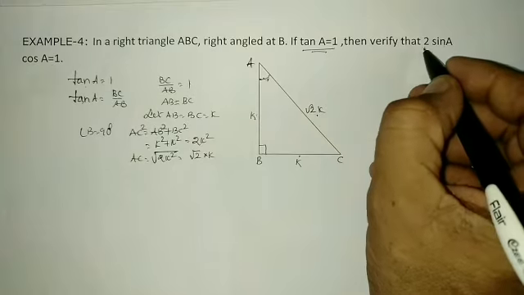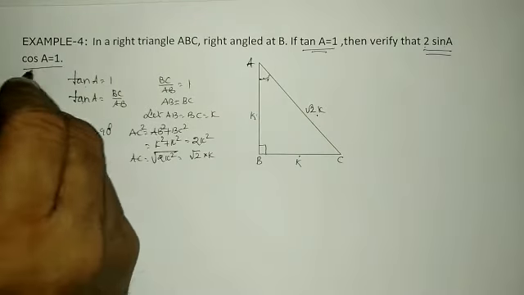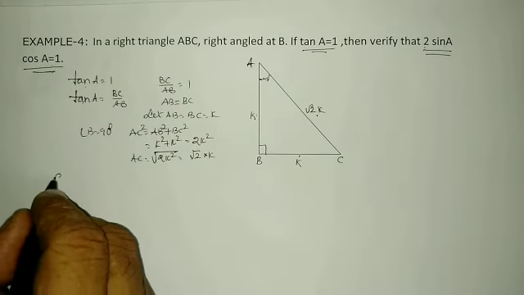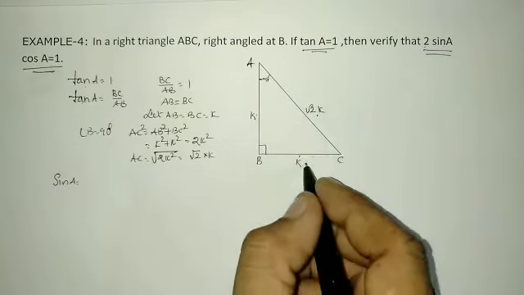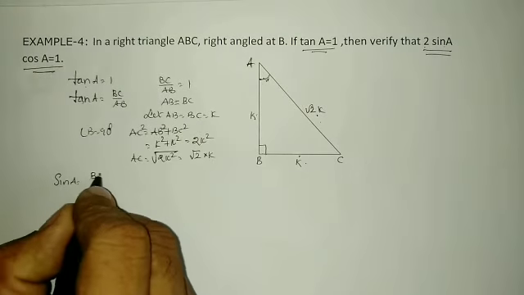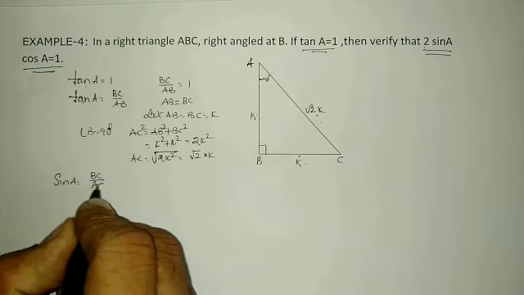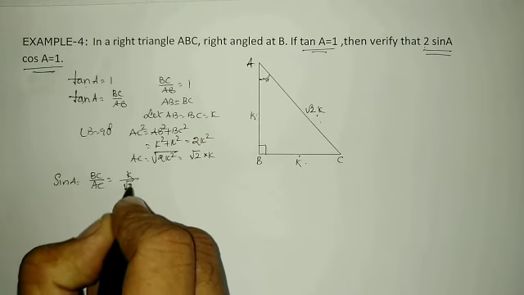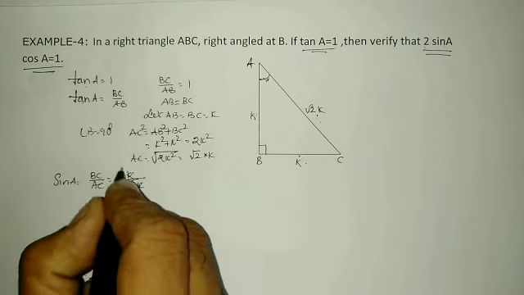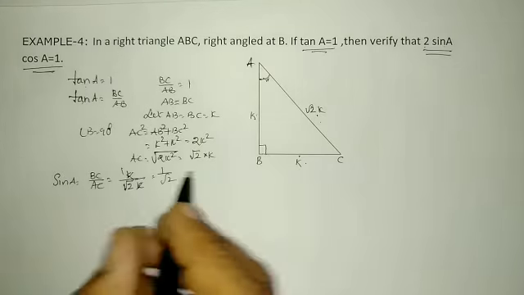Now you have to show that 2 sin A cos A equal to 1. First you have to find sin A. Sin A means side opposite angle A by hypotenuse, BC by AC, K by root 2K, K once 1 by root 2.